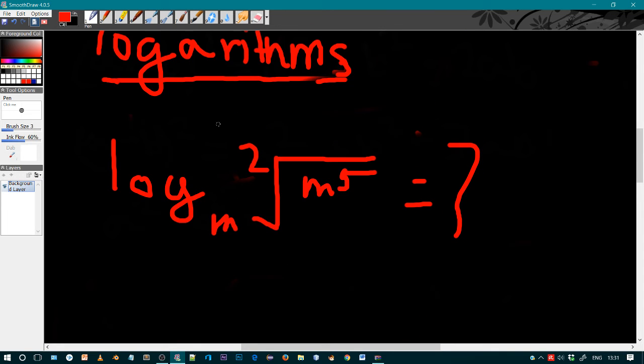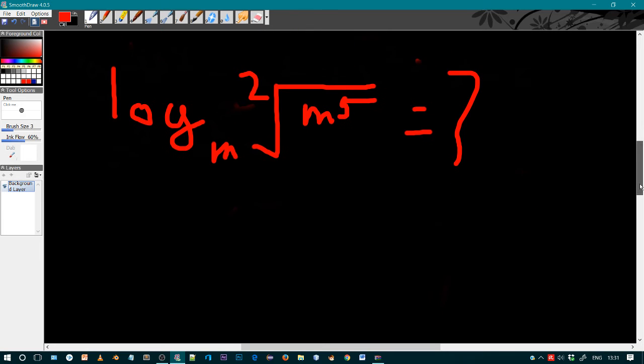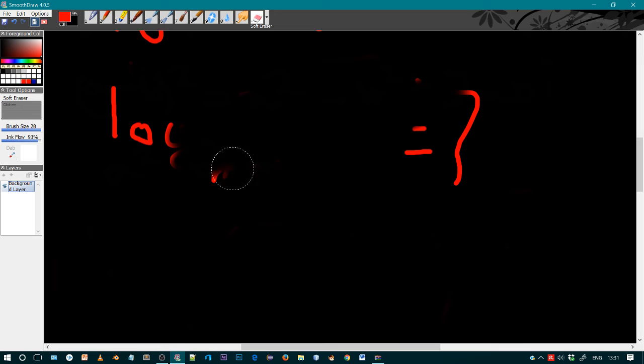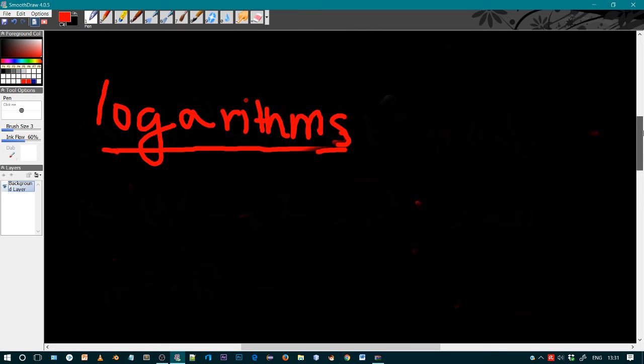If your basics are clear in this topic, you will be able to do any problem. The basics of logarithms have to be clear. Even if it is a CAT question or any tough question, you can easily do it.